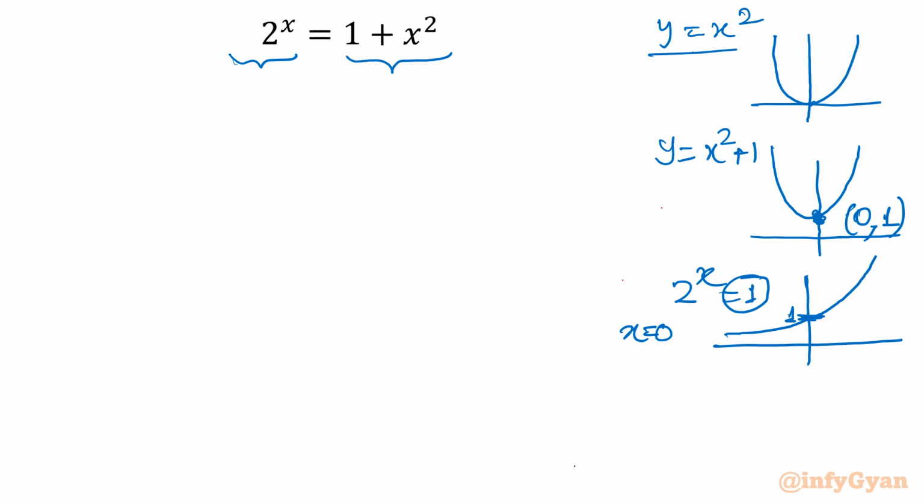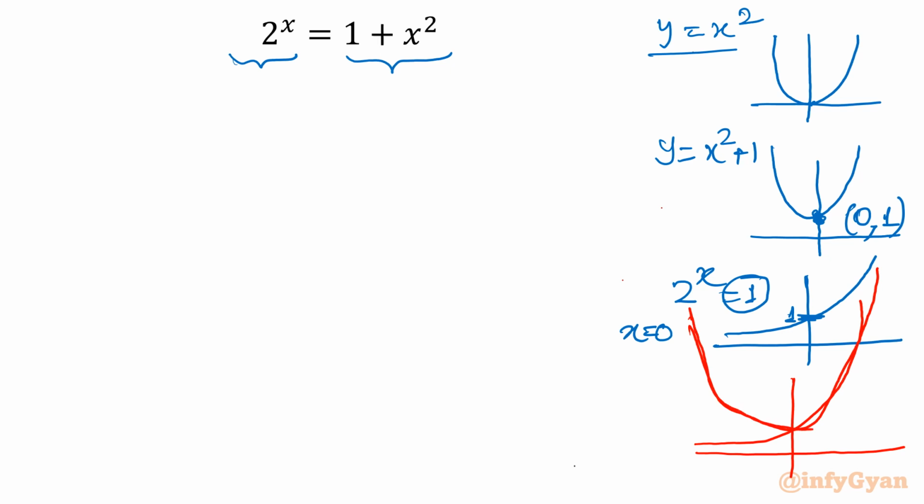Let me club both in one figure. One graph is 2 raised to the power x, and another graph is like this. It is not as symmetrical, but the graph would be like this.